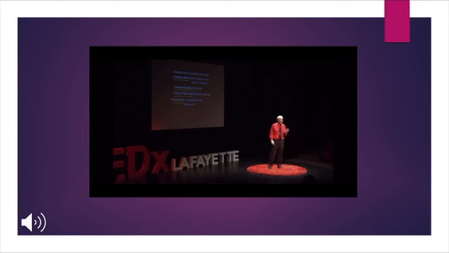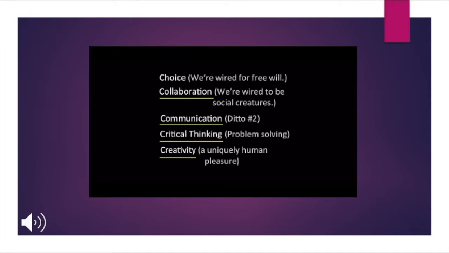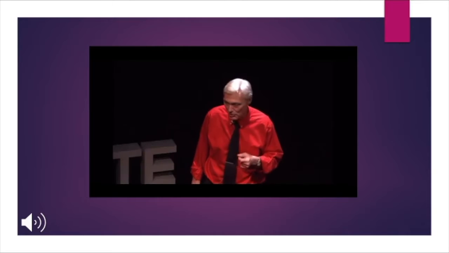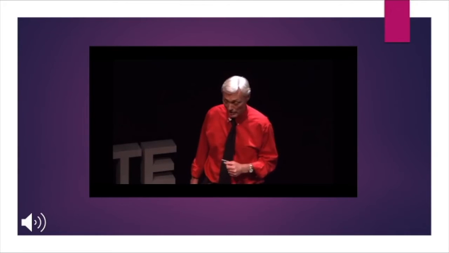I converted my classroom to a situation where student choice was a big part of the room, along with 4 other C's: collaboration, communication, critical thinking, and creativity. Actually, over 10 years ago, the National Education Association identified those last 4 C's on the list as essential 21st century skills that kids should learn, and I agree wholeheartedly.